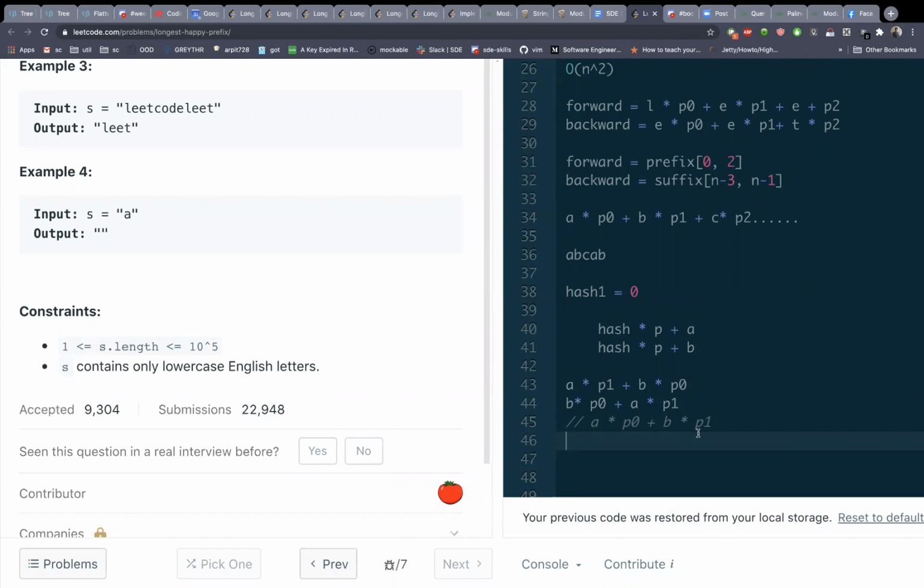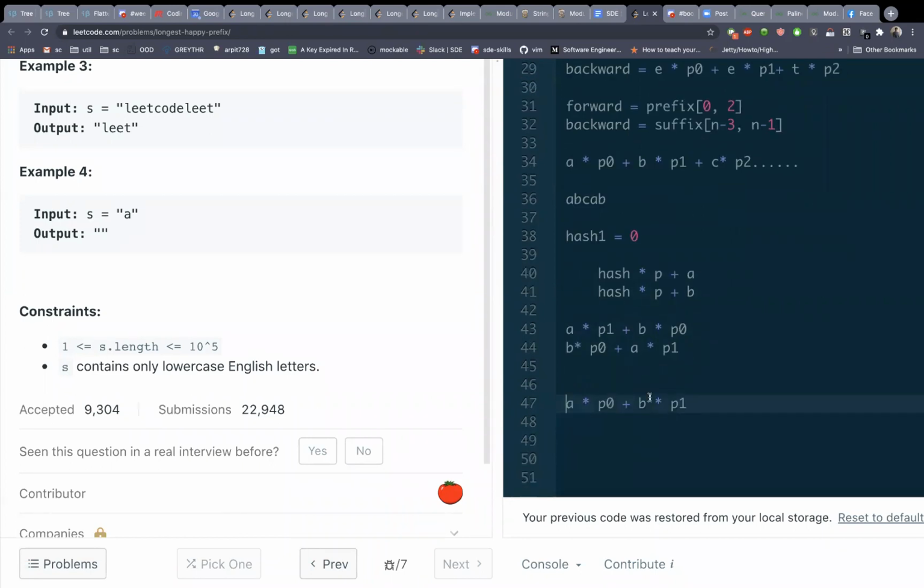Now if we see from the backside, this is the way we are calculating the hash. For this string A, B, C and AB, if for a moment we assume we are traversing from right to left, then we will be getting this hash B part actually.